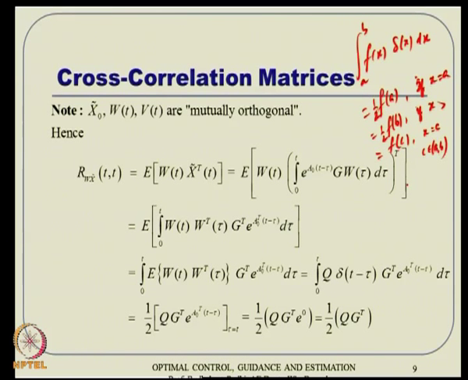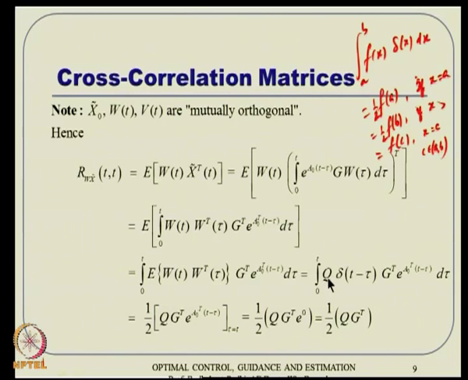But interestingly, if you observe what happens here, we notice that when tau equals t, then t happens to be a boundary value.